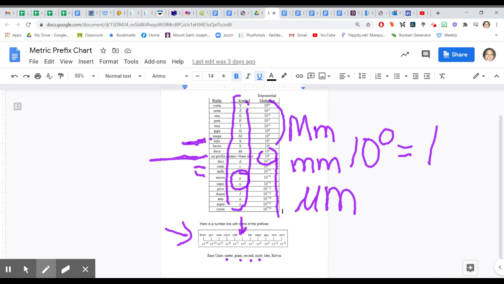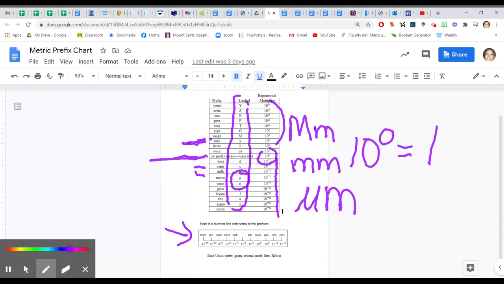So this kind of looks like a number line when you turn the exponent sideways. And so we're going to calculate the exponential distance from, say, a meter to a kilometer. On a number line, 0 to 3 is 3 away. So the exponential distance between those two would be 10 to the third.